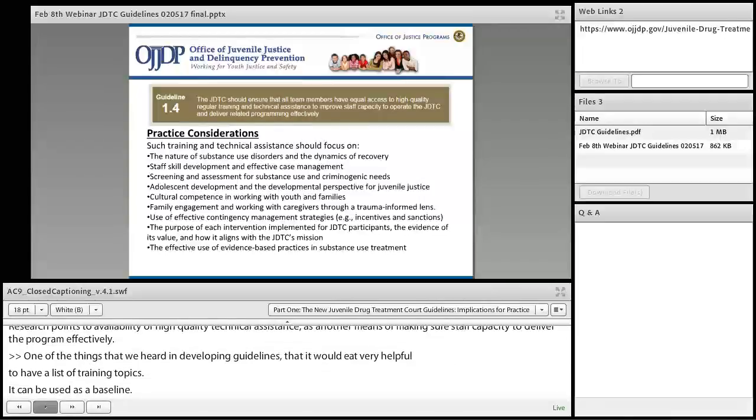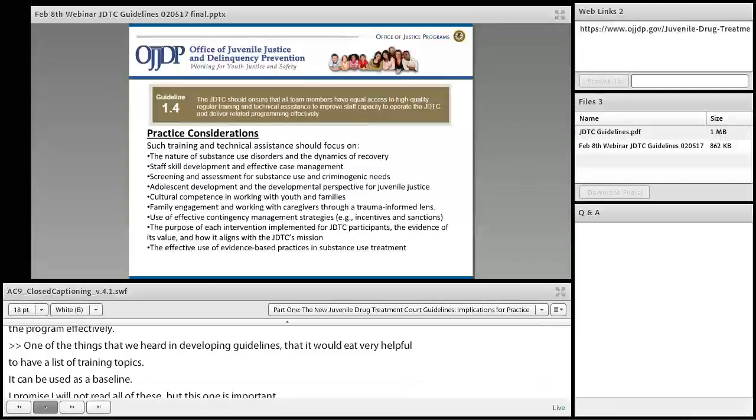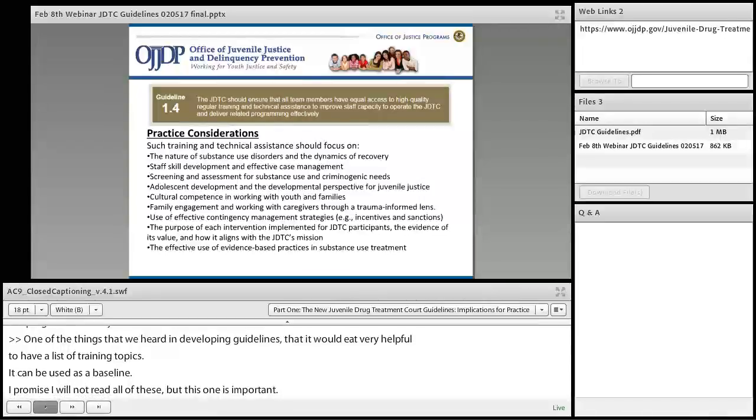Training and technical assistance should focus on, obviously, substance use disorders, the dynamics of recovery, effective case management and skill development, screening and assessments, adolescent development, cultural competence in working with youth and families, family engagement, and use of effective contingency management strategies, incentives, and sanctions.